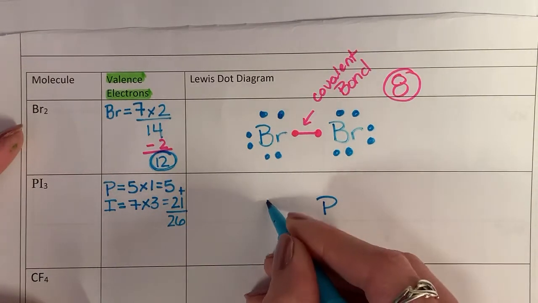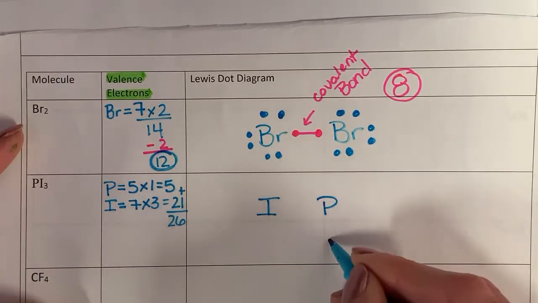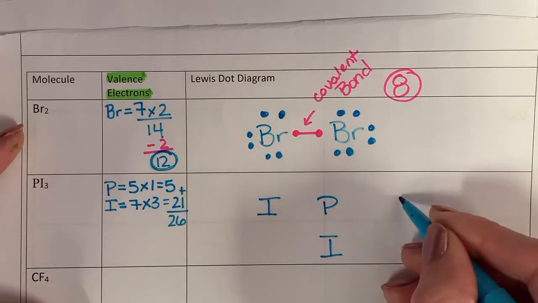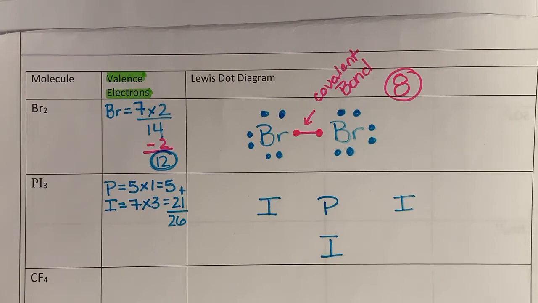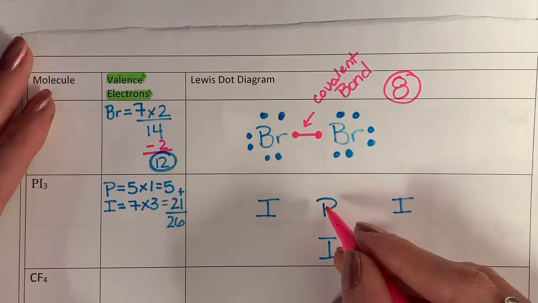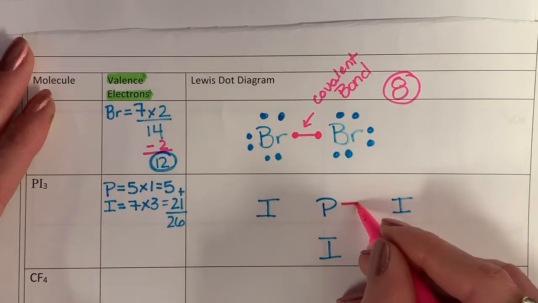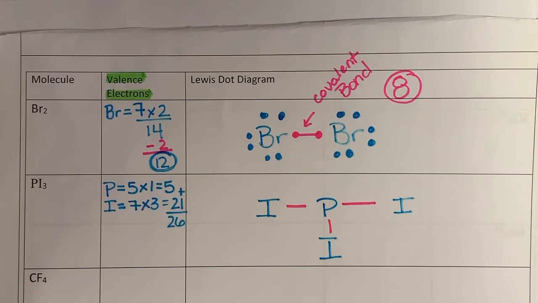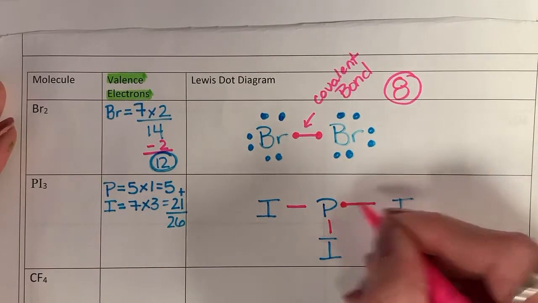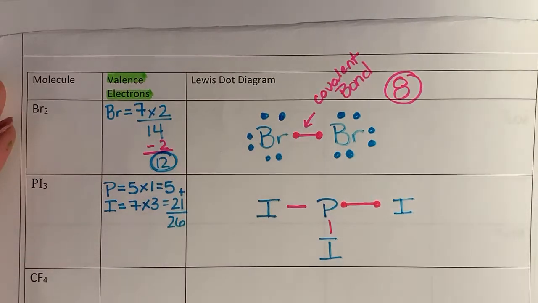I've got 3 iodines, so they're going to be on the outside around that central atom. Just like I did above, I'm going to connect each of my atoms with a single line. Just like above, each single line is worth 2 electrons.